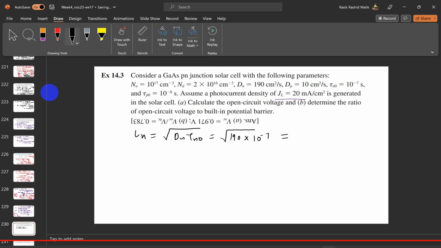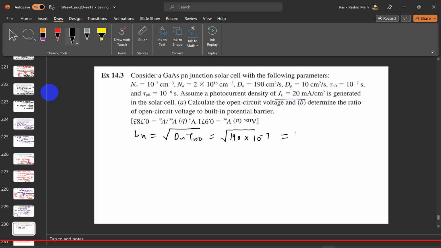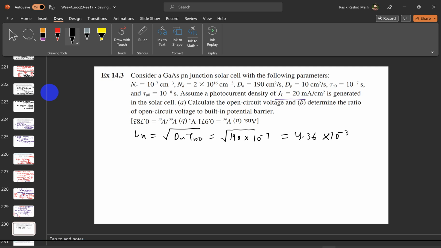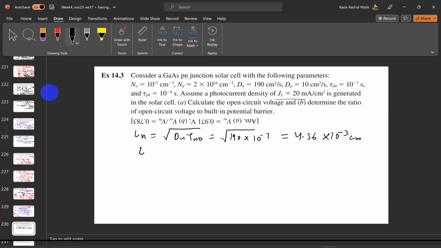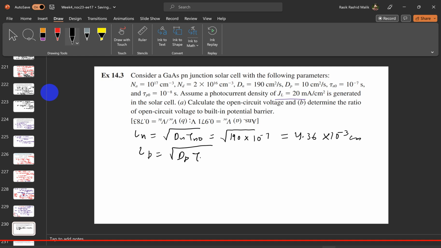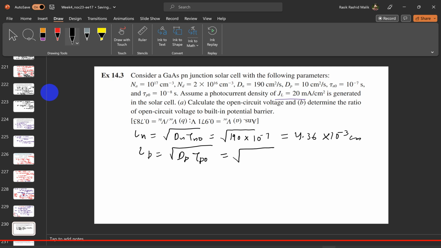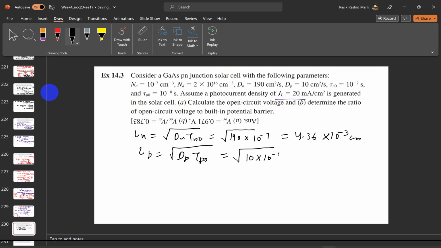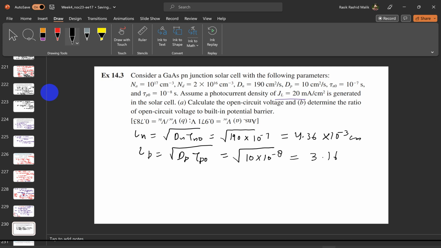So the value is equal to 4.36 into 10 to the power minus 3 centimeter, and Lp similarly is square root of Dp tau p0, that is equal to 10 into 10 power minus 8, so that is equal to 3.16 into 10 power minus 4 centimeter.